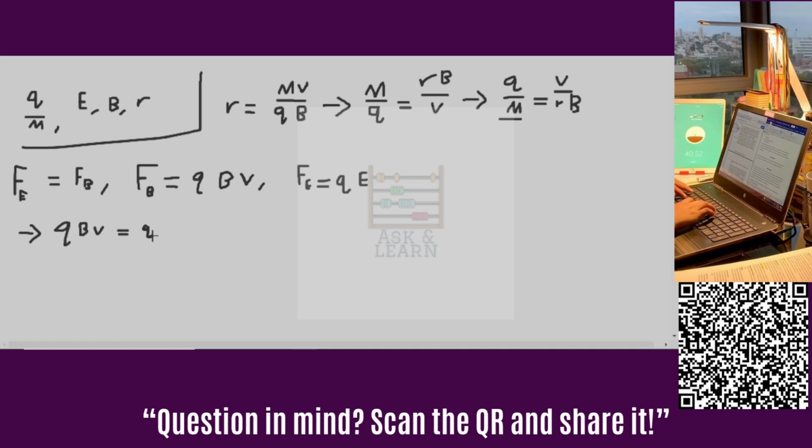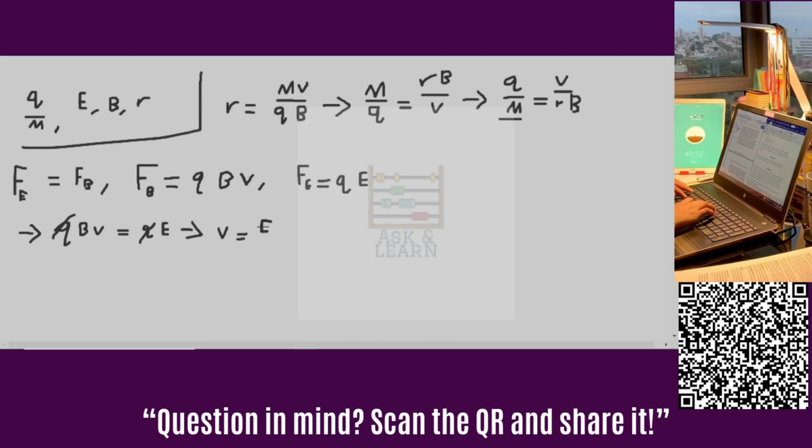And since this is all regarding the same particle, it's going to have the same charge, so these two q's are equal to each other, so we can cancel them out. Now we are given both E and B, so all we have to do is solve for v. And that gives us v is equal to E divided by B.